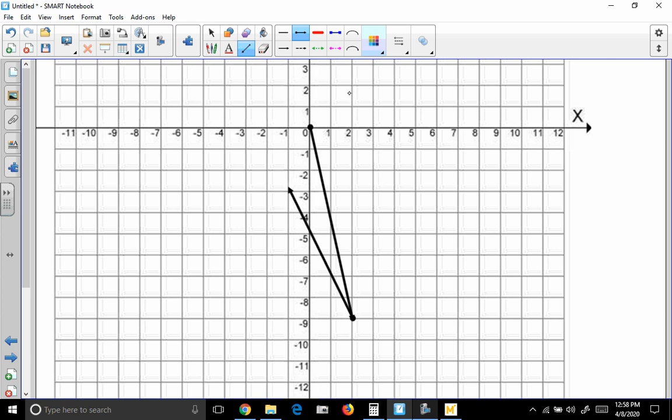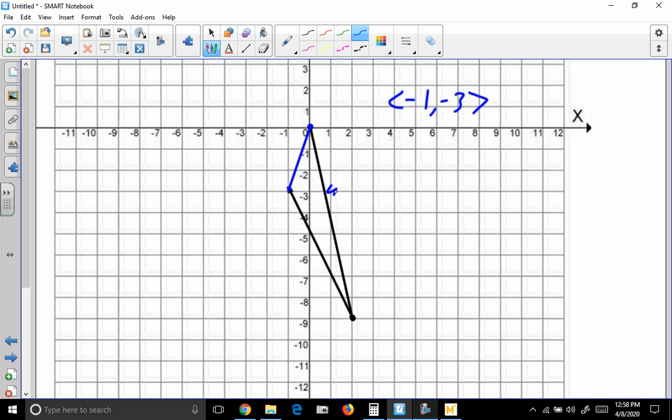So our resultant is from where the first vector started to where the second vector ended. So we have a net result of going to the left 1 and down 3. You could think about it as a path.